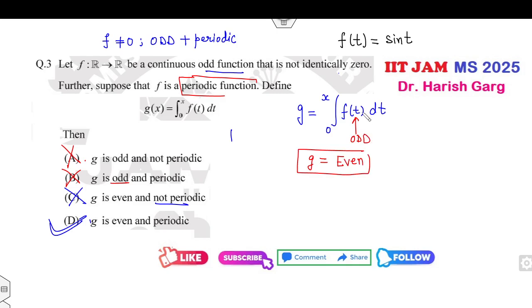Fine. And if you integrate an even function, you will get an odd function. So now g is even. Again, A and B are cancelled because f is a periodic function. So therefore g is also a periodic function. So based on this simple trick, you can get your answer in less than 15 seconds.